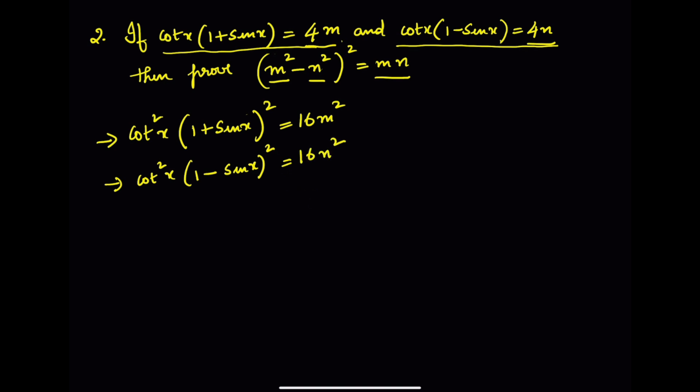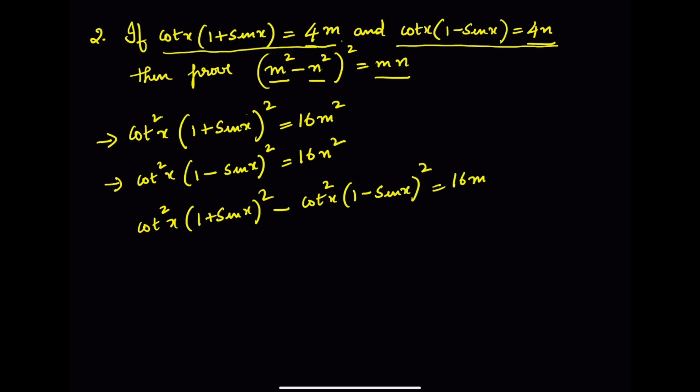Now we have m square minus n square. So let's subtract these two. We would get cot square x 1 plus sin x the whole square minus cot square x 1 minus sin x the whole square is equal to 16 m square minus 16 n square.